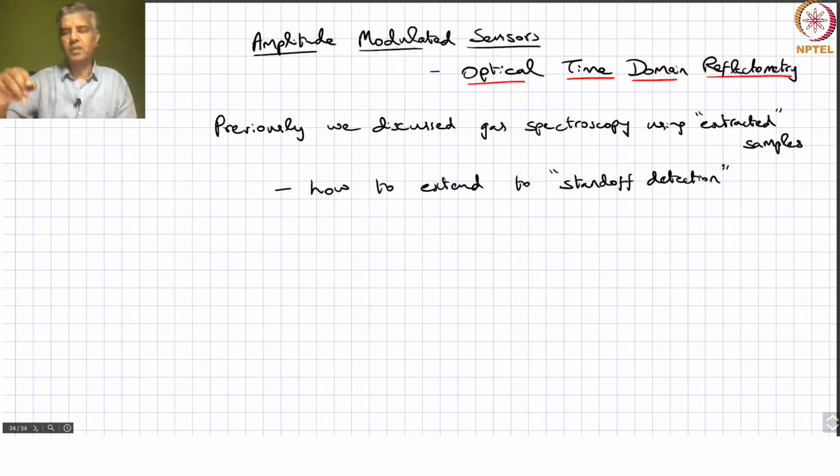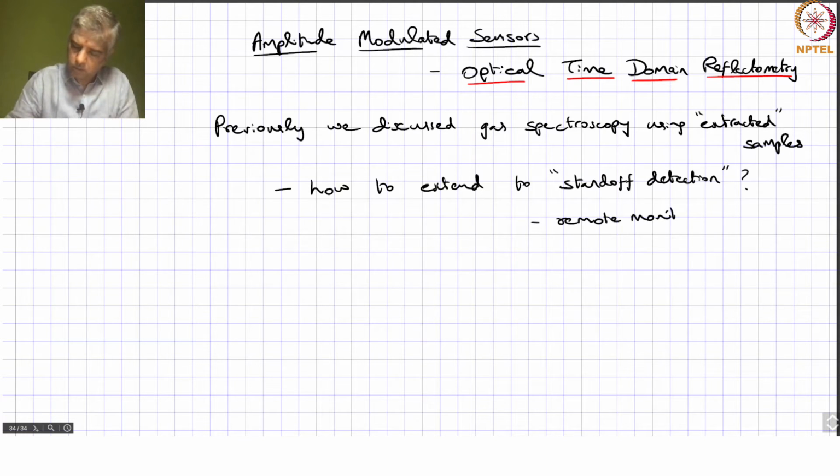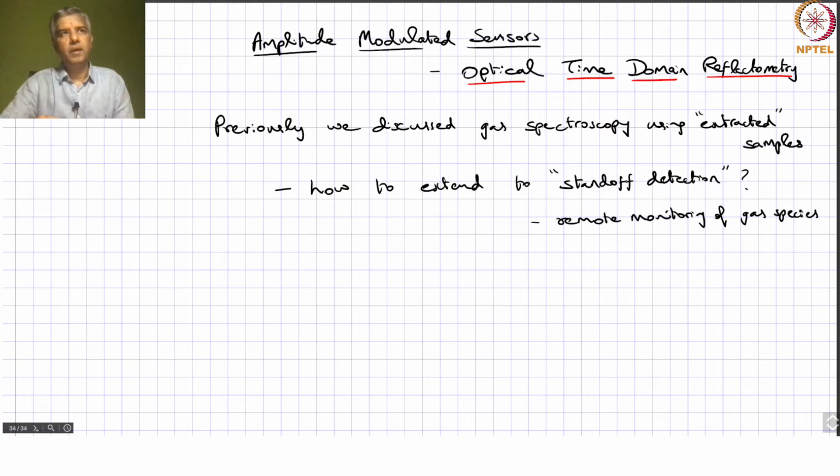So what is standoff detection? Well, standoff detection essentially means remote monitoring of these gas species. So you may want to do this from a remote location.